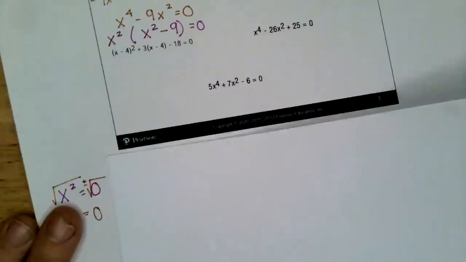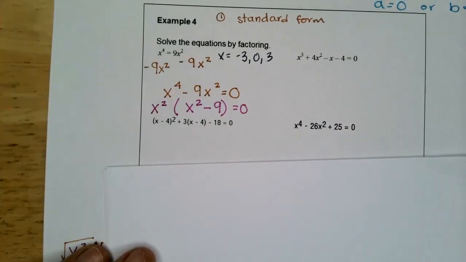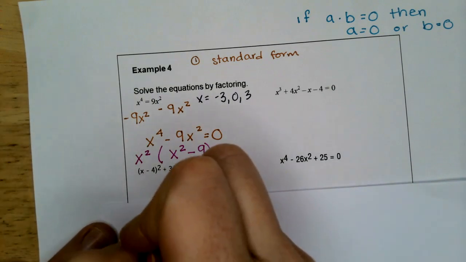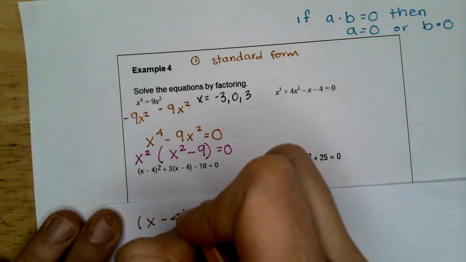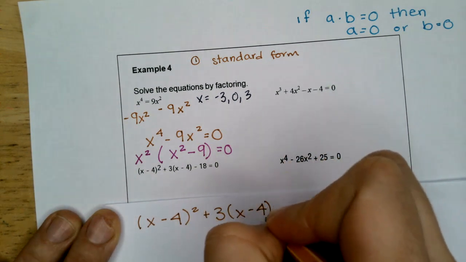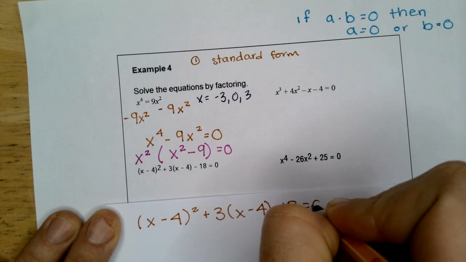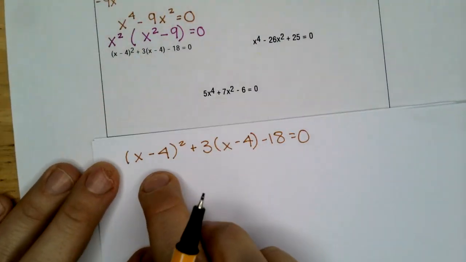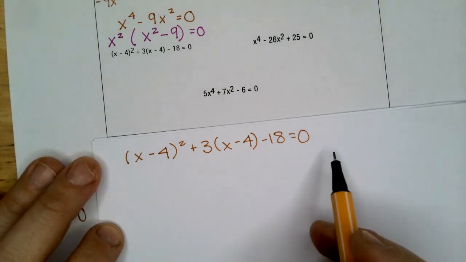Next example is x minus 4 quantity squared plus 3 times x minus 4 minus 18. So here I would just solve it by combining like terms.